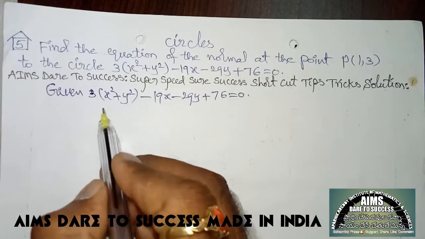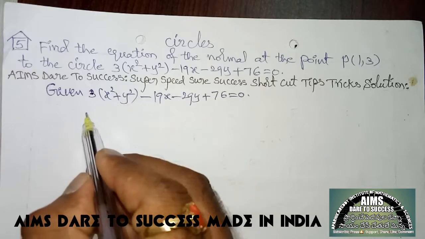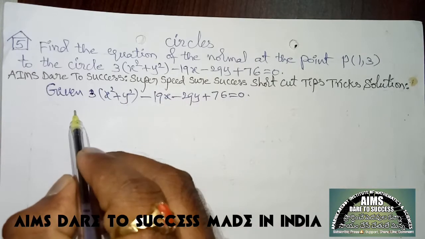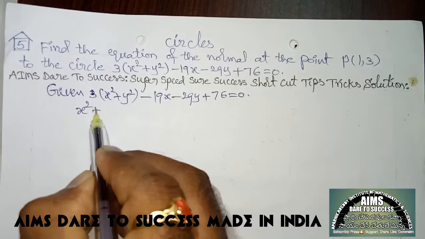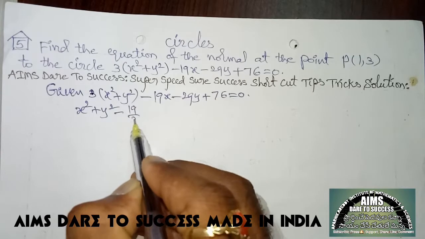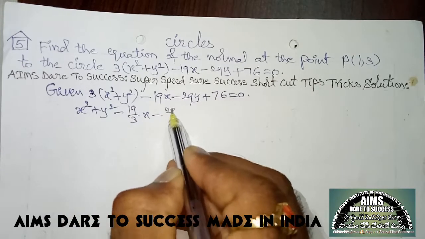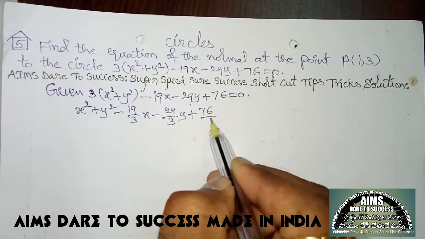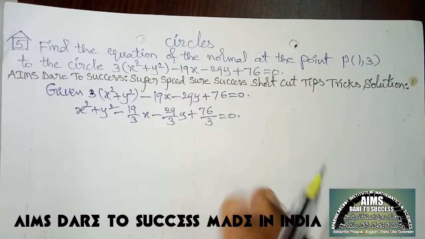So to get 1 as coefficient of x square and y square, you have to divide the complete equation of the circle by 3. We get x square plus y square, 3 by 3 cancelled, minus 19 by 3 into x minus 29 by 3 into y plus 76 by 3 is equal to 0.